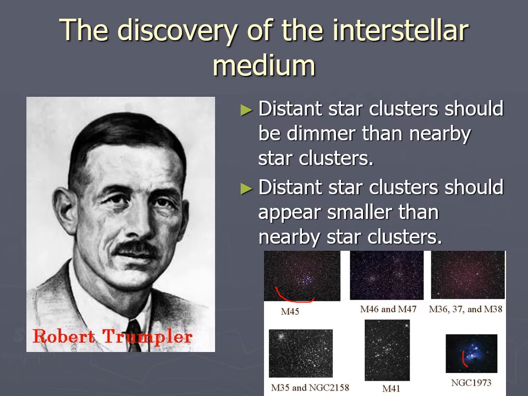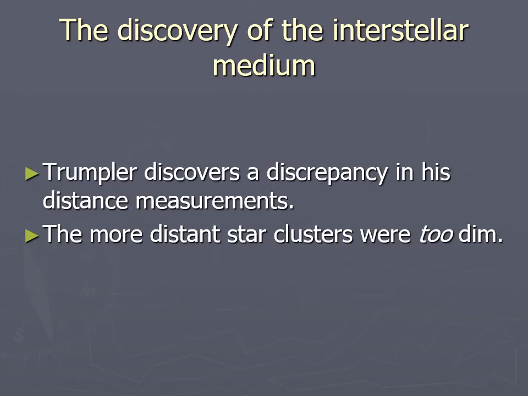So the distance you measured using the brightness method was a lot greater than the distance you measured using the size method. So what does that mean? Well, it means either those star clusters were unusually big, and so the size method was making them look too close, or the stars were too dim, and so that was making the brightness distance too big.